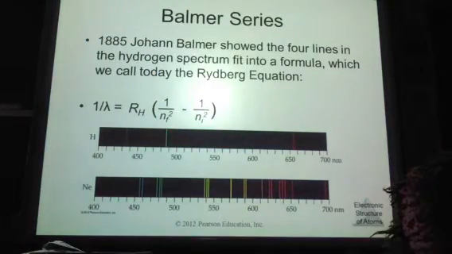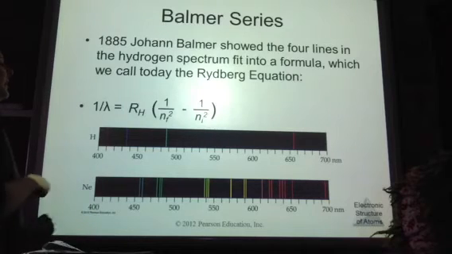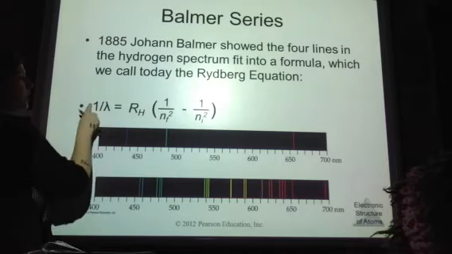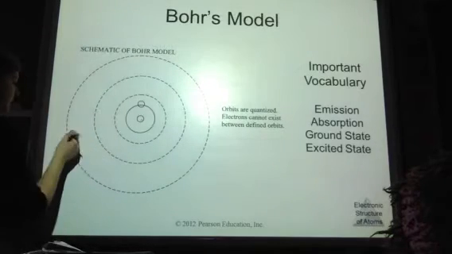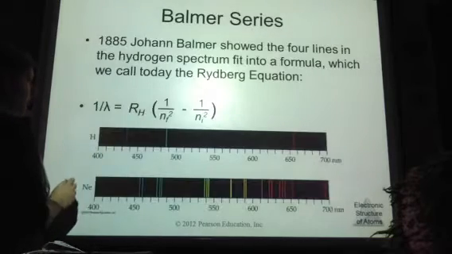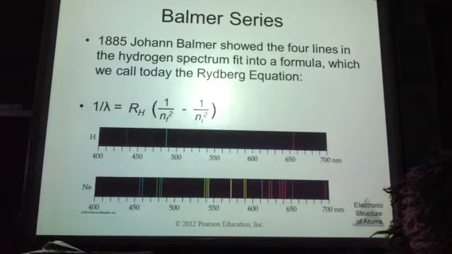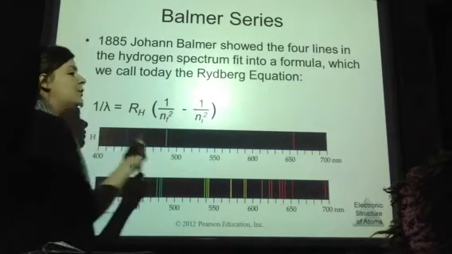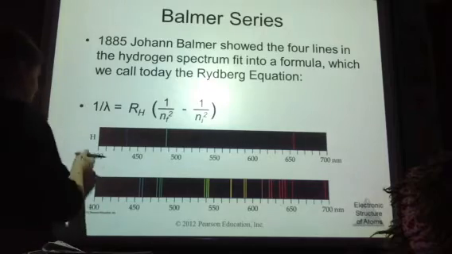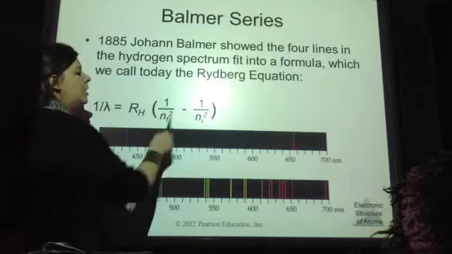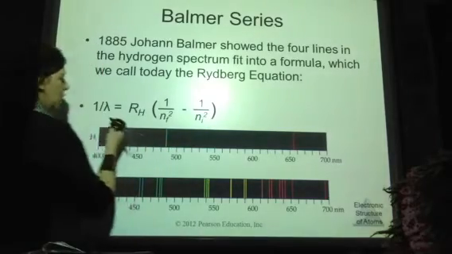We call this today the Rydberg equation. 1 over lambda equals RH, the Rydberg constant, multiplied by 1 over n. n represents energy level, so nf is the final energy level and ni is the initial energy level.